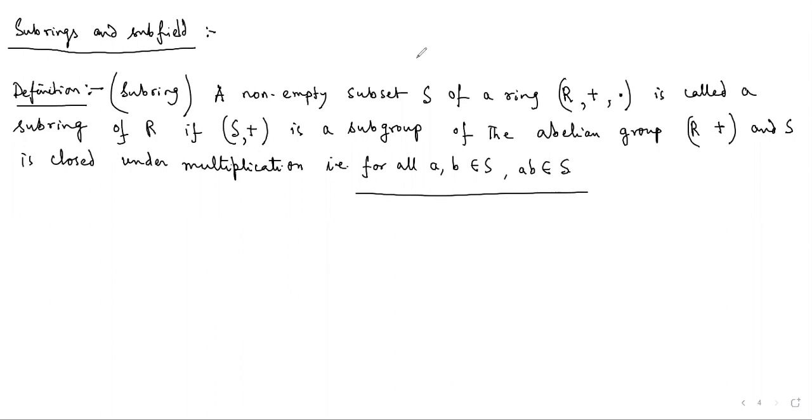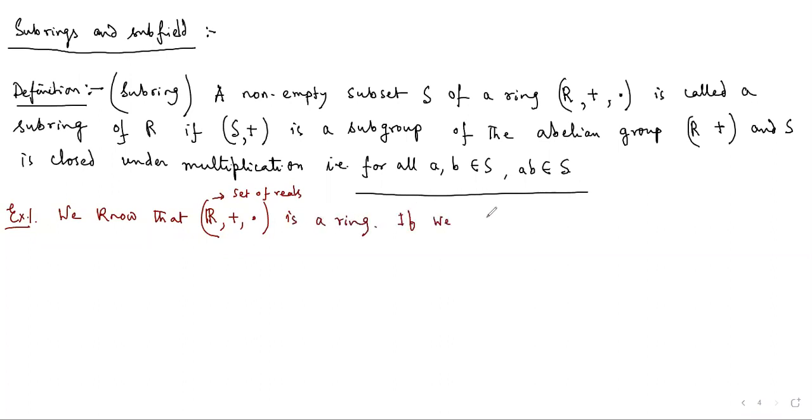I can show you one example at least. We know that R plus dot, R the set of real numbers, is a ring.